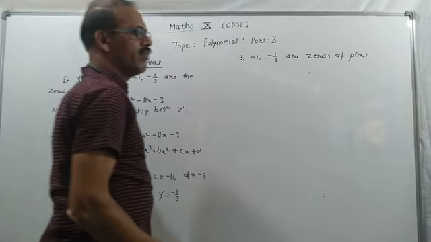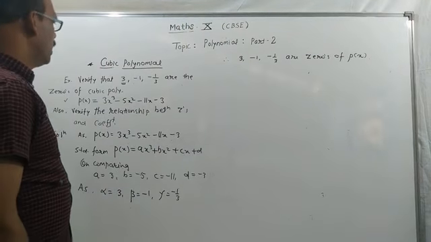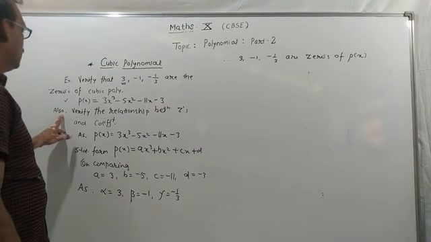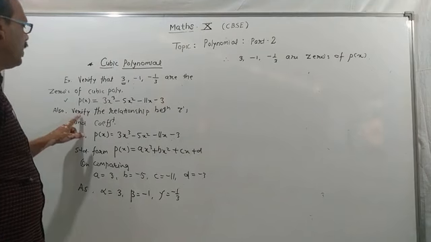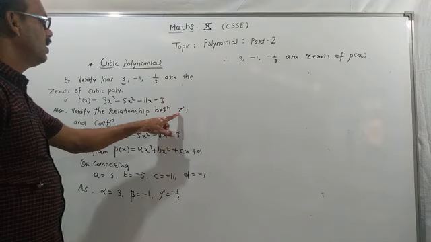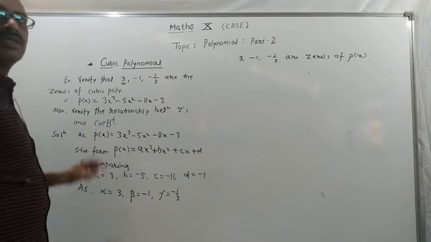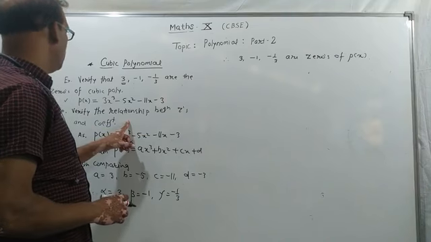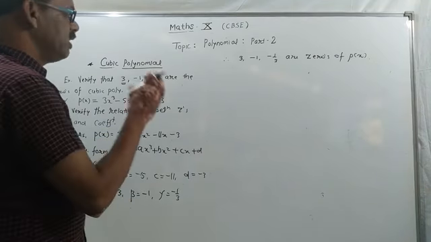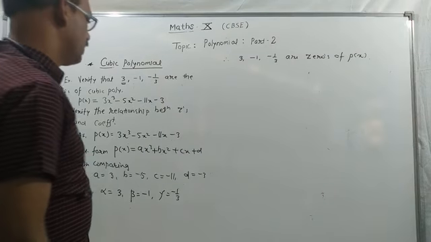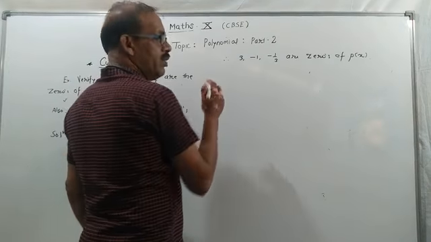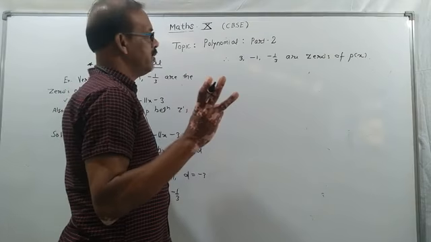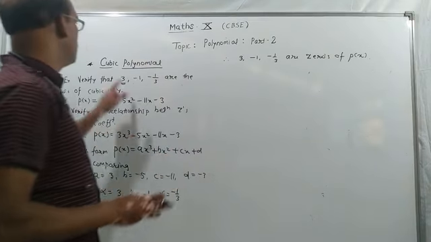It is verified. Now the second part: we have to verify the relationship between zeros and coefficients. Now we know there are 3 relationships between zeros and coefficients for the cubic polynomial.